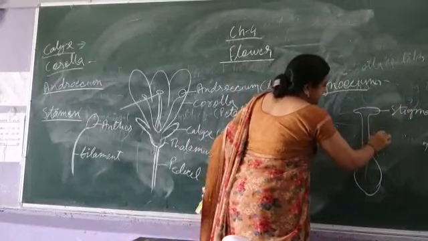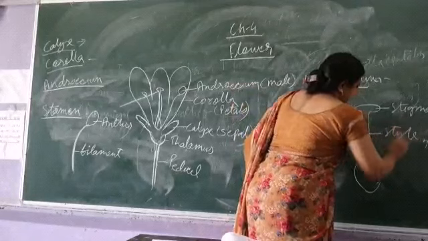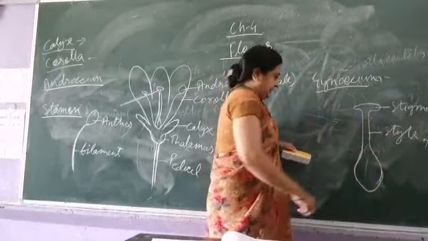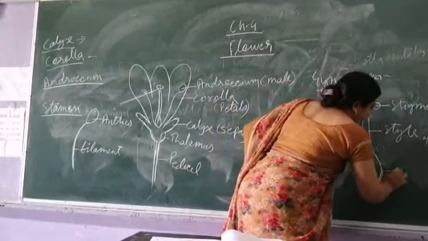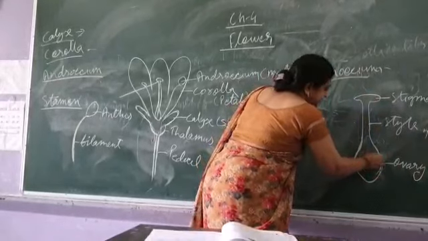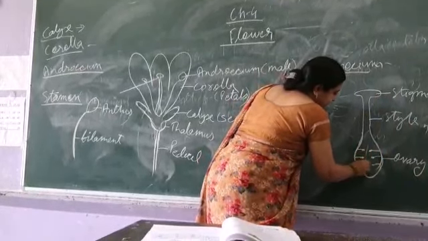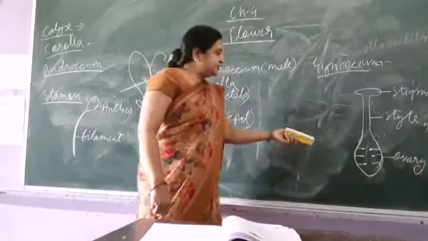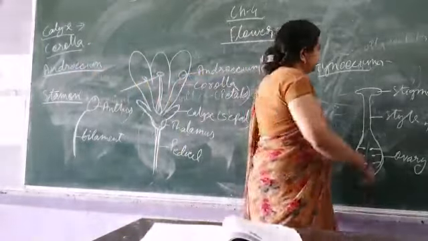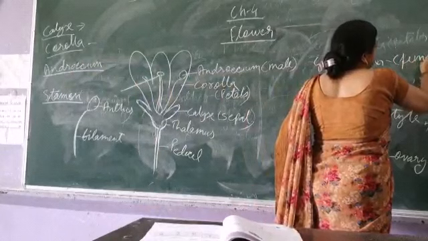This hollow tube is called style, and the basal swollen part of the gynoecium is called ovary. In the ovary, ovules are present. Ovules are the female reproductive unit of the flower, and they fuse with the pollen grains.